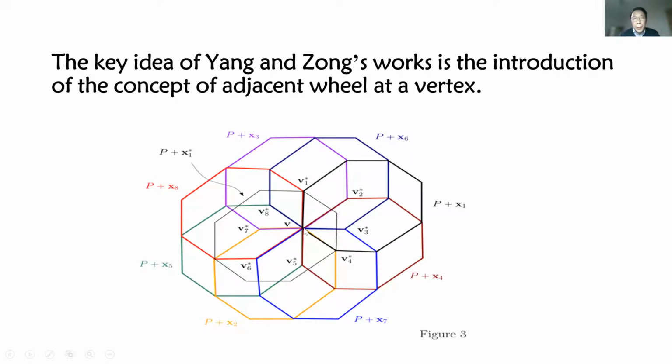Sometimes, of course, the vertex may be in the interior point of an edge. Nevertheless, in that case, we can always start from one and then join together, turning around at the end. They will join: here is the first one, then the last one, the P plus X8, this red one, joined at the end of this edge.